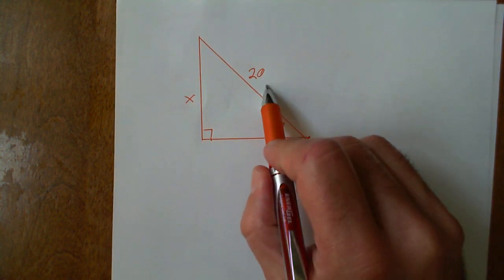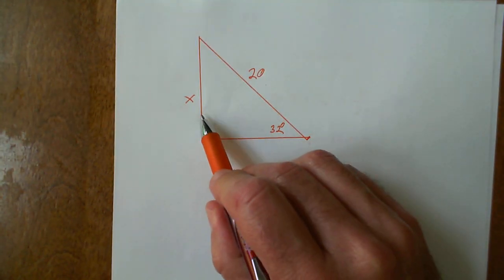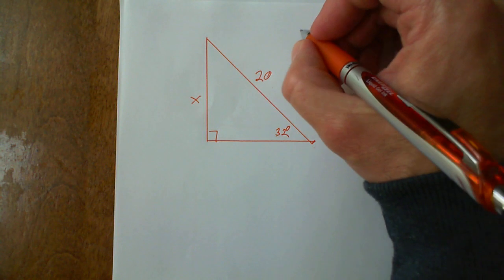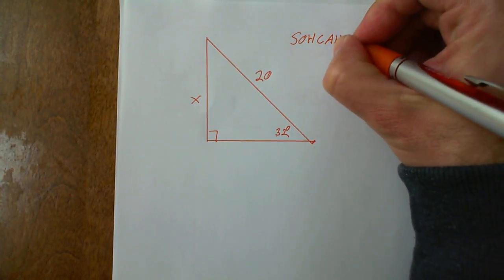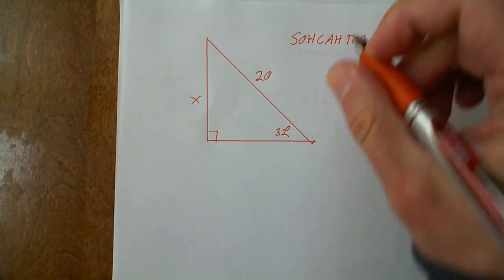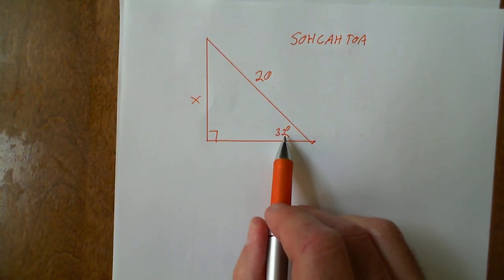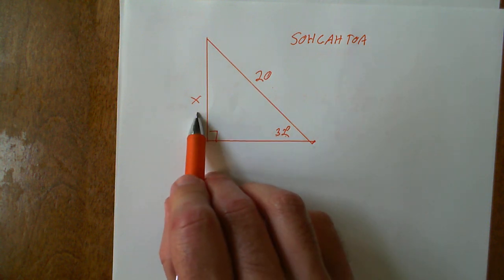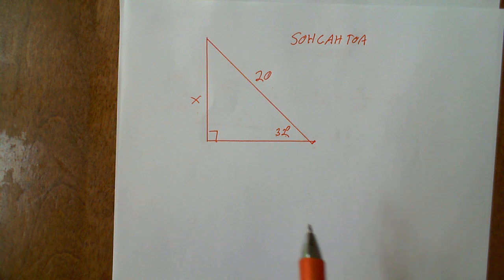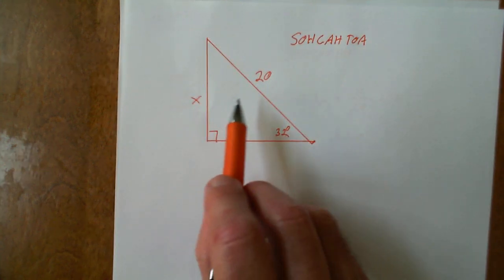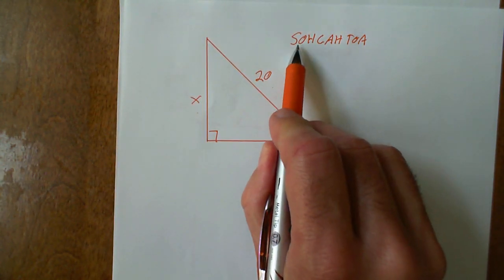We have the 20, which is the hypotenuse, and we have the x, which is the opposite side. So you're thinking to yourself, hey, sensei, SOHCAHTOA. I'm given this angle, the opposite side, and the hypotenuse. Opposite over hypotenuse will be sine.